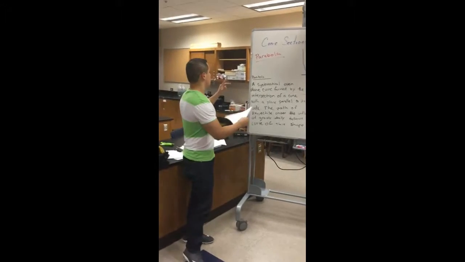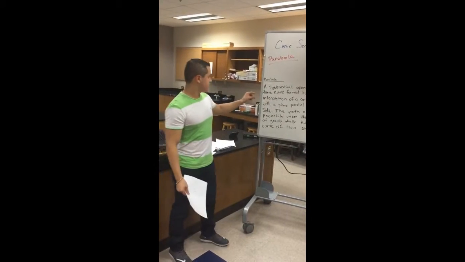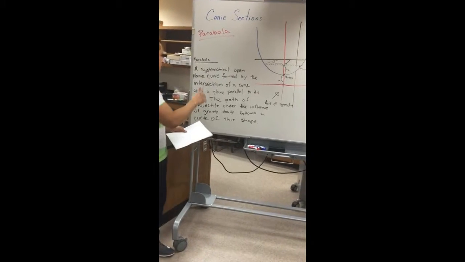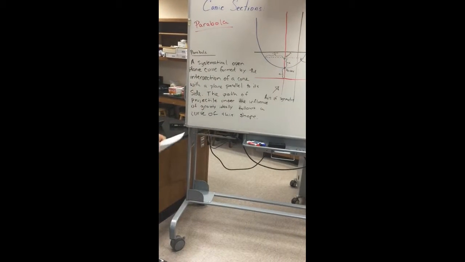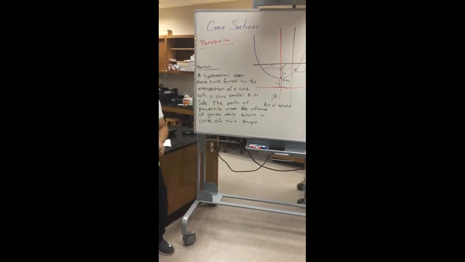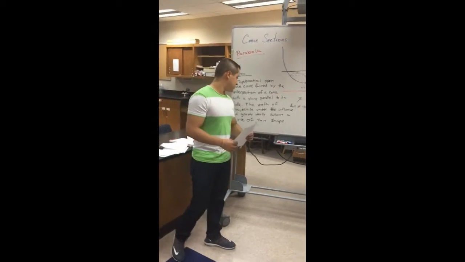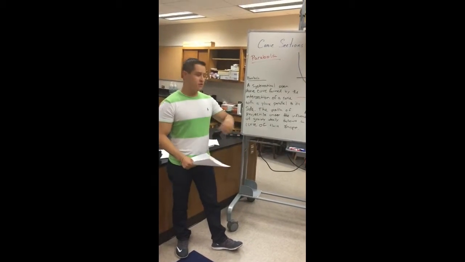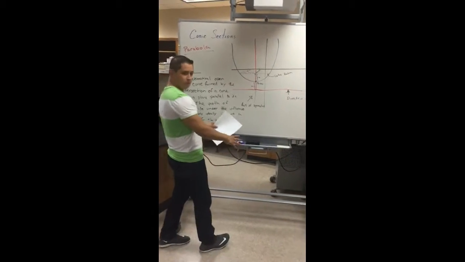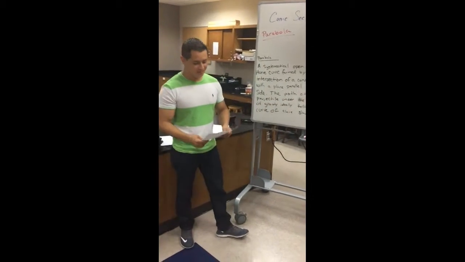The definition of the parabola is a symmetrical open plane curve formed by the intersection of a cone with a plane parallel to its side. The path of a projectile under the influence of gravity ideally follows the curve of this shape. That's the same thing I explained a couple of minutes ago, but with more sophisticated terms.